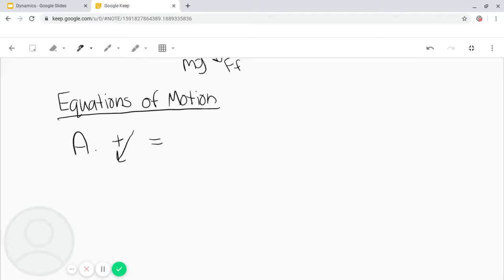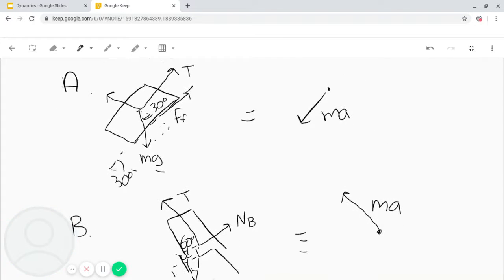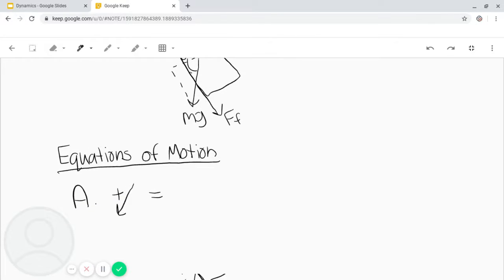so if we go back up here, the component going down the slope will be mg cos 30, because we want this part here, and minus T, because tension is going up, and then minus mu k N A, minus the friction force, which, again, is mu times normal force.